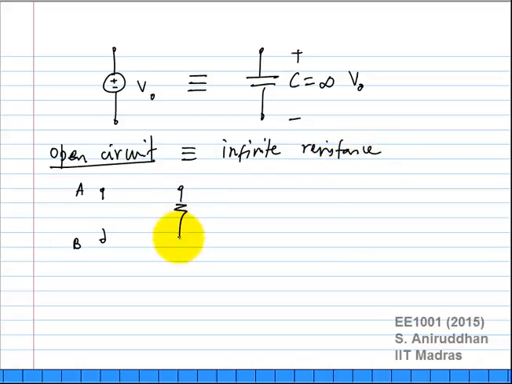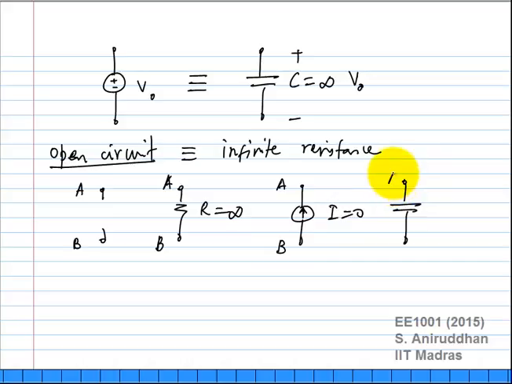So in other words, this is the same as R equal to infinity between the two. What else? It's a zero current source. Very good. And finally, you should realize that it's the same as a capacitance of value 0.